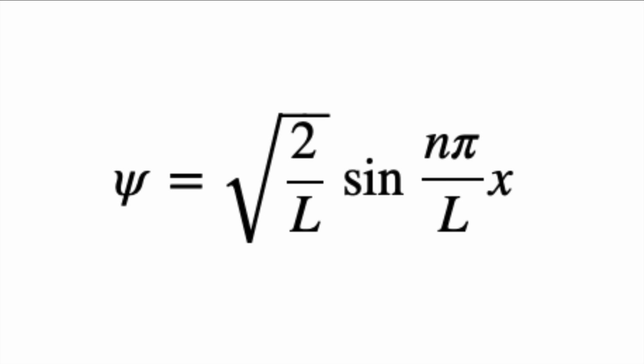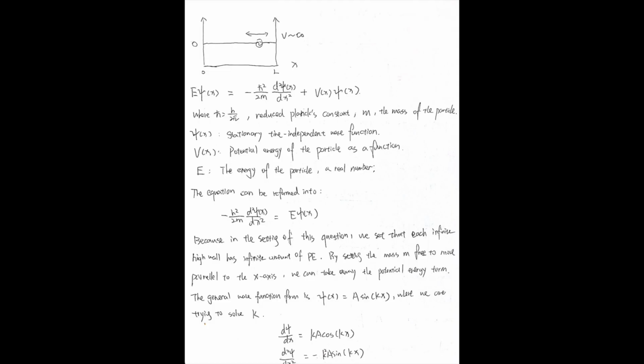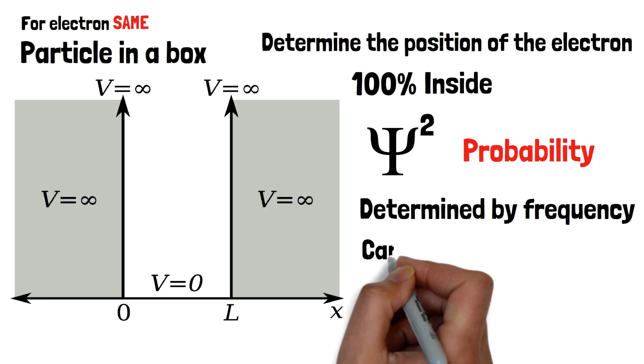And that's the reason why the n in the expression of the answer of the wave function can only be positive integers. This can also be easily proved during the calculation of the wave function solution, shown here.